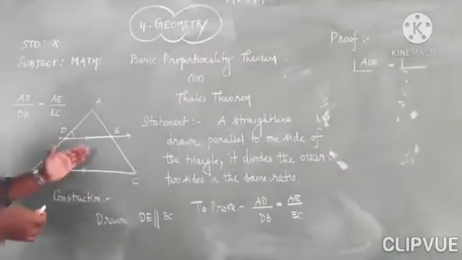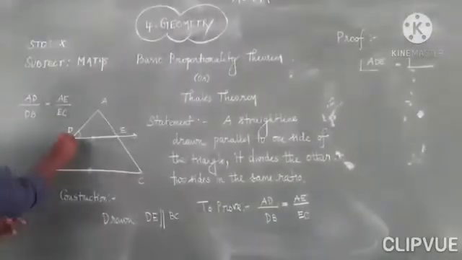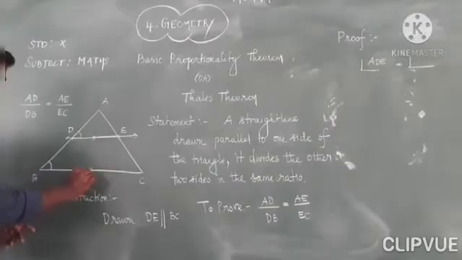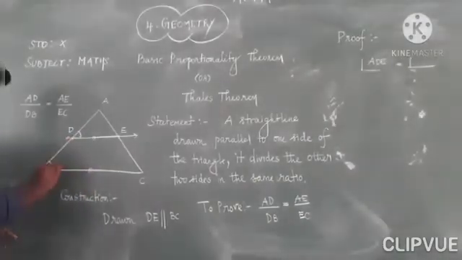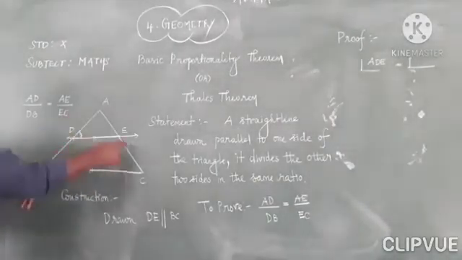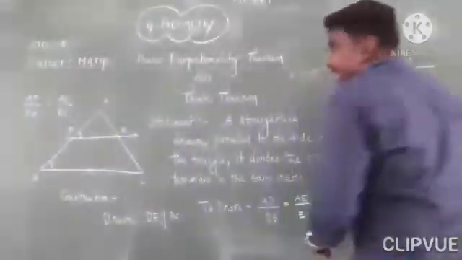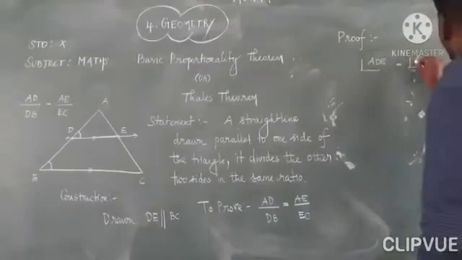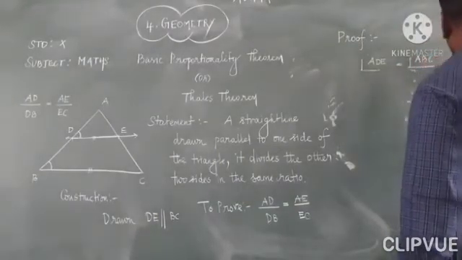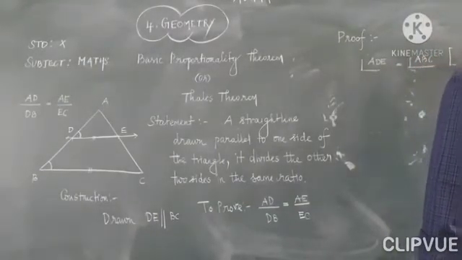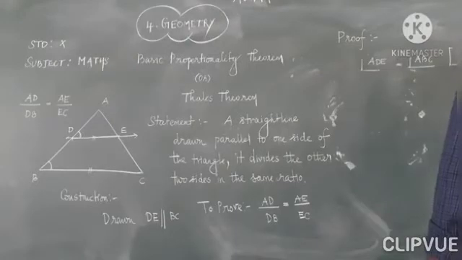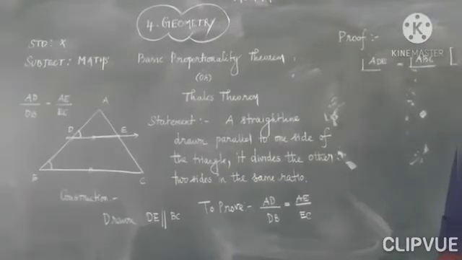These two angles are corresponding angles, because this is parallel to this one. So angle ADE is equal to angle ABC. Corresponding angles are equal.